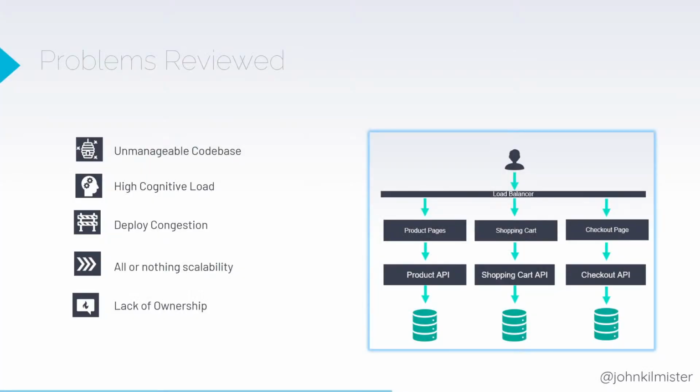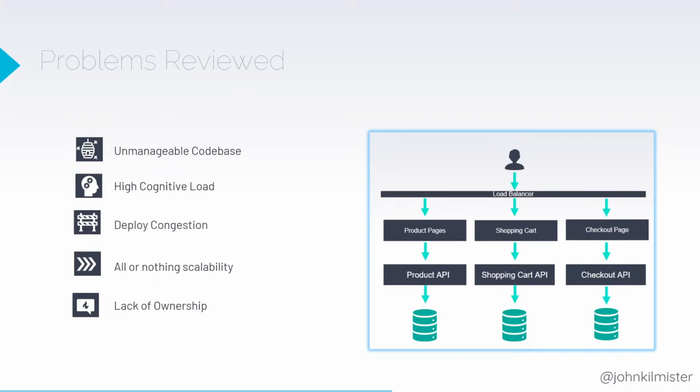So just a quick review of the problems of a monolith and how this approach can solve those. The unmanageable code base should no longer be a problem, neither the high cognitive load, because we've broken everything up into smaller components that should be a lot smaller, neater, tidier, and you only have to learn that individual component.